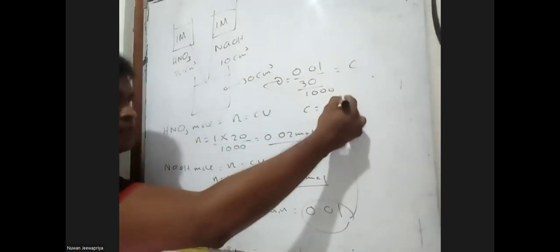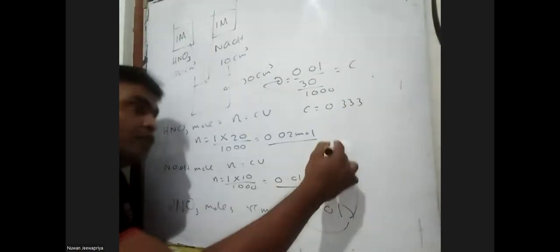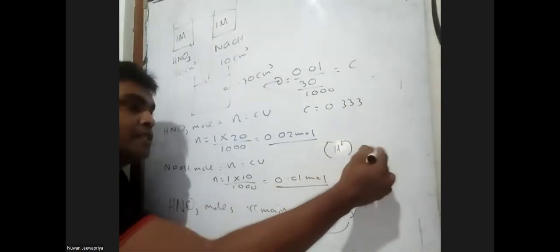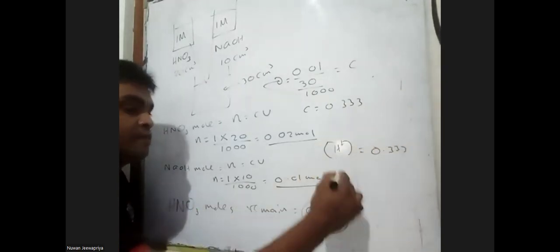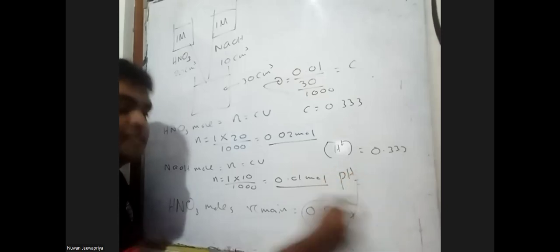So it is 0.333 something. Nitric acid is a strong acid, so the H plus concentration is how much? 0.333 something. So you assign that into the pH equation, and then you will get the answer as 0.48.